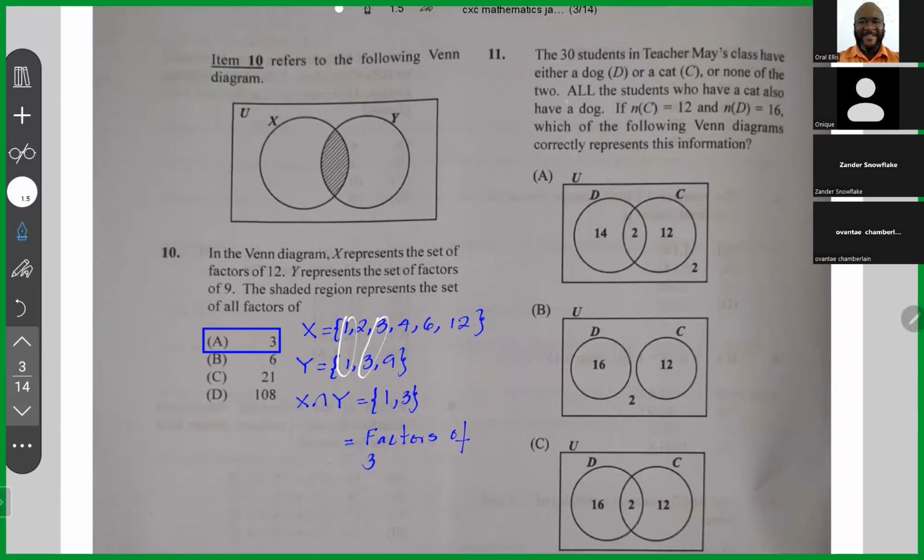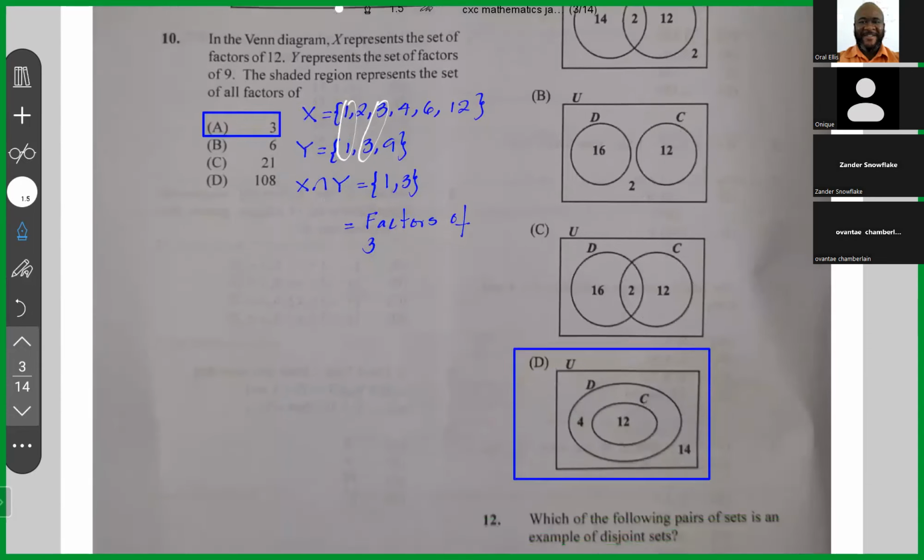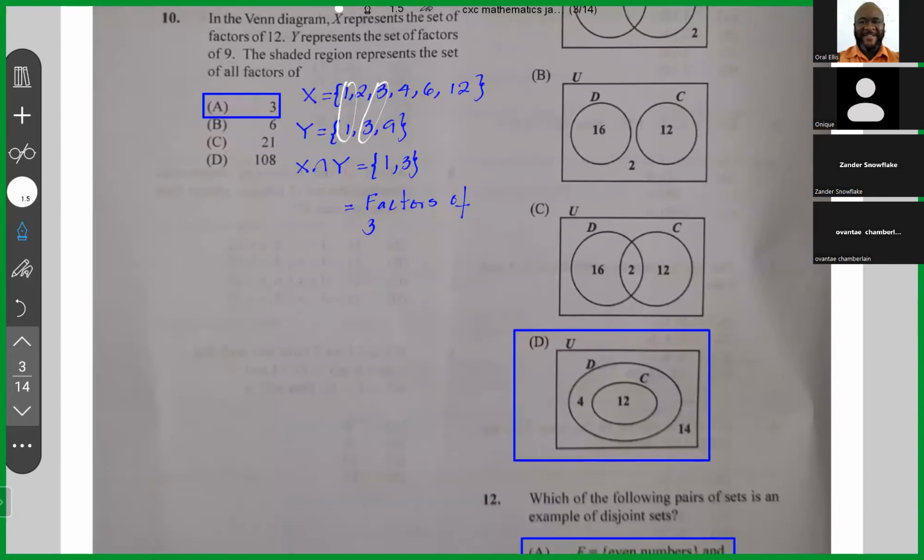That was the important statement. So what that is saying is that cat is a subset of dog. The answer is D.